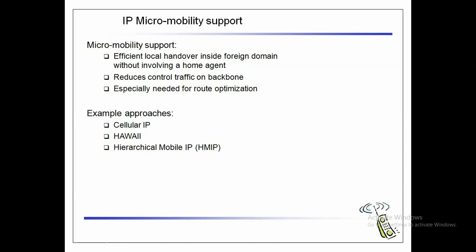It provides micro mobility support by installing a mobility anchor point, the MAP, which is responsible for a certain domain and acts as a local home agent within this domain for visiting mobile nodes. The MAP receives all packets on behalf of mobile nodes.